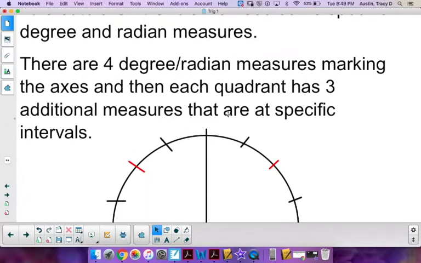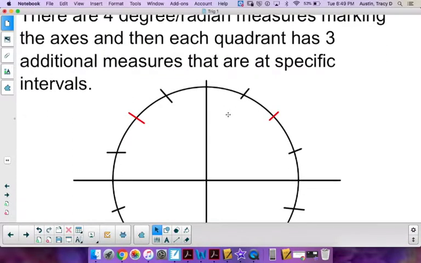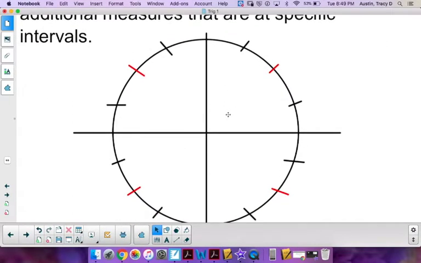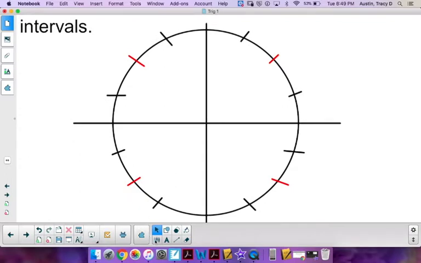There are 4 degree or radian measures, because you can write them either way, that deal with the axes, and that is right here, right here, right here, and right here. We were doing that a little bit when we were drawing the angles in standard position.